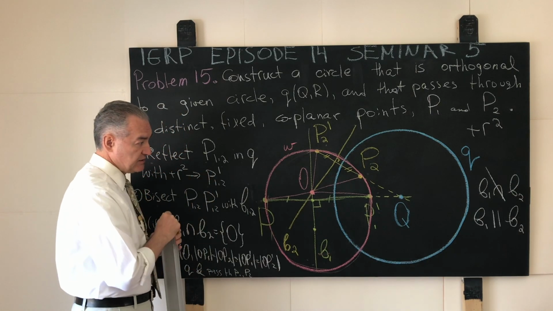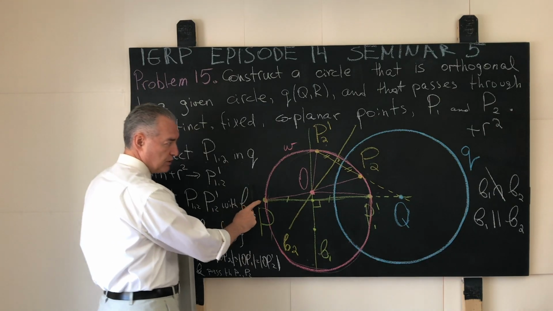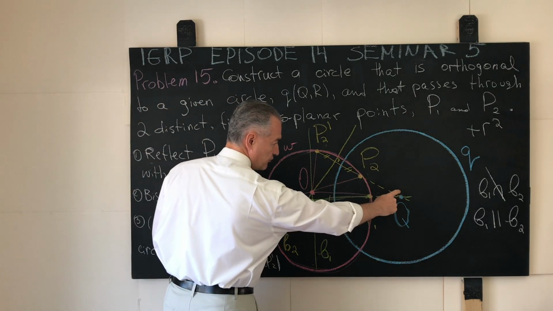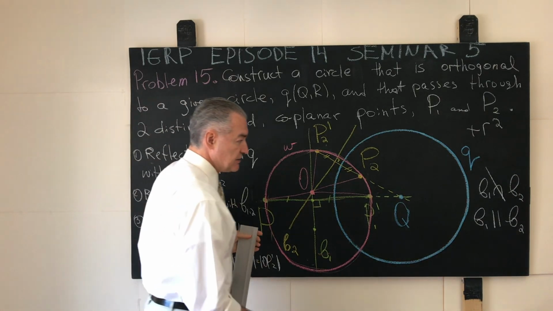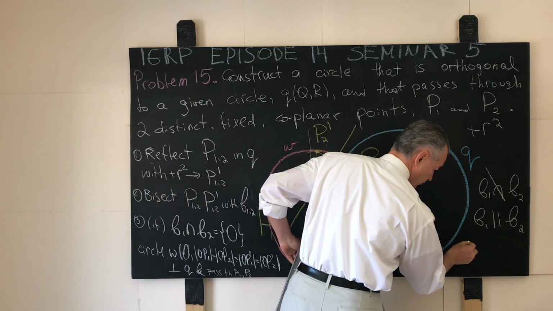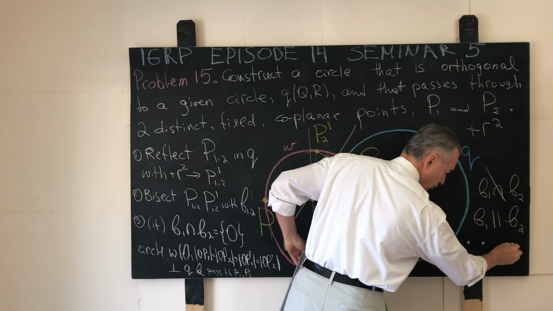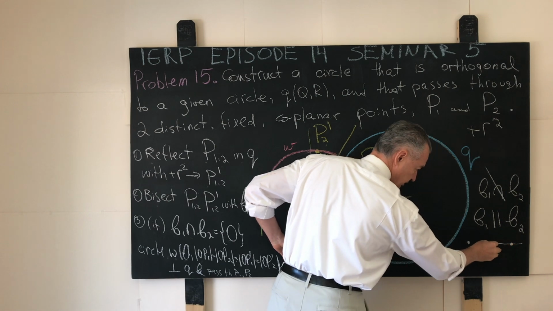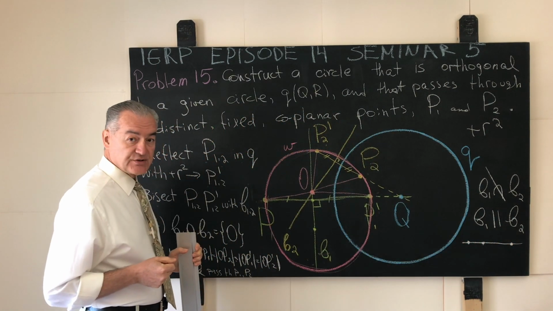Well, in this case, there can be only one situation, where the points P1, P2, and the center of the circle Q are collinear. In other words, all these points somehow belong to one straight line. And here is the interesting situation.